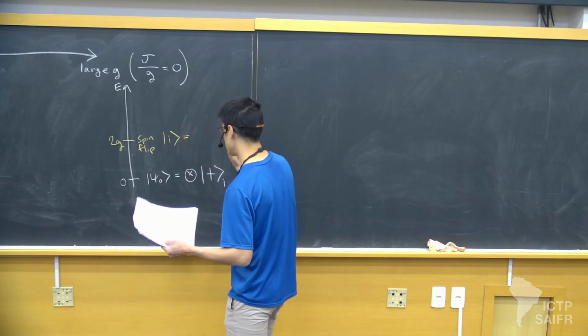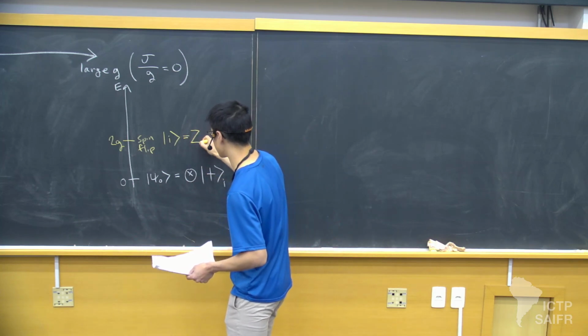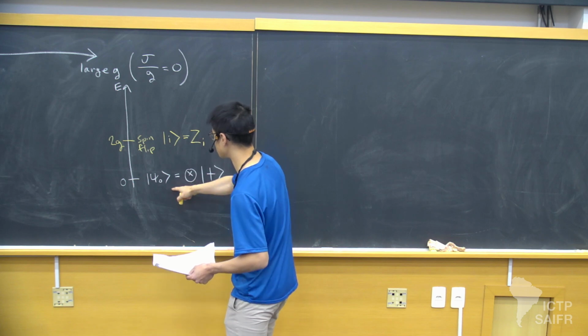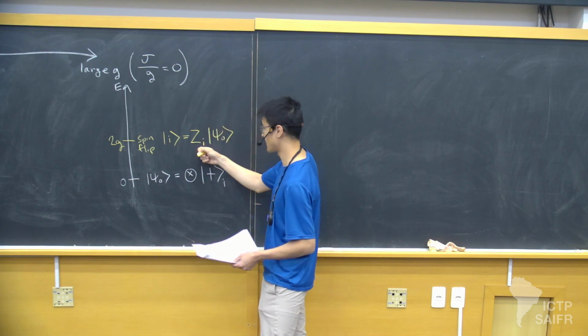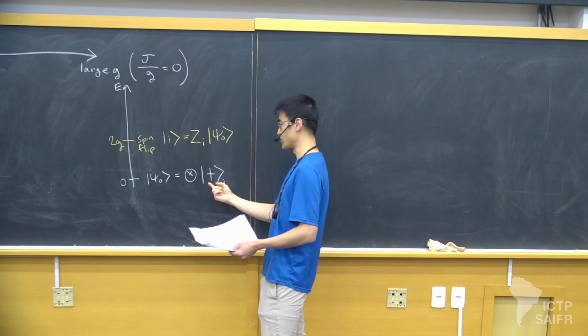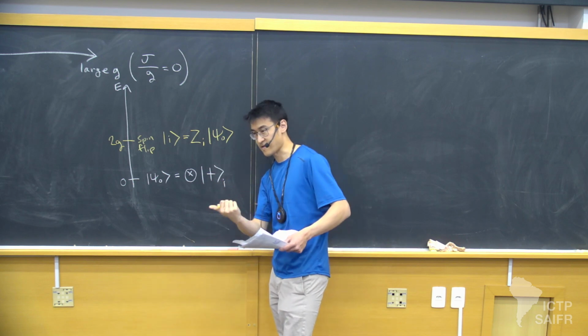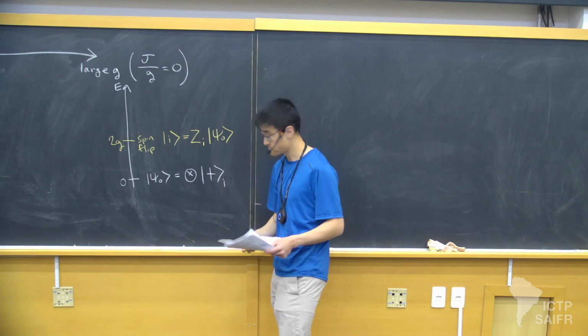And we can implement the spin flip by just applying the Z operator onto this ground state. So a Z at position i will flip the qubit from plus x to minus x.